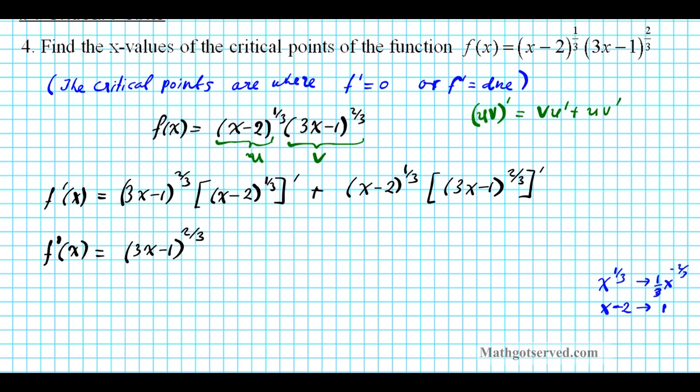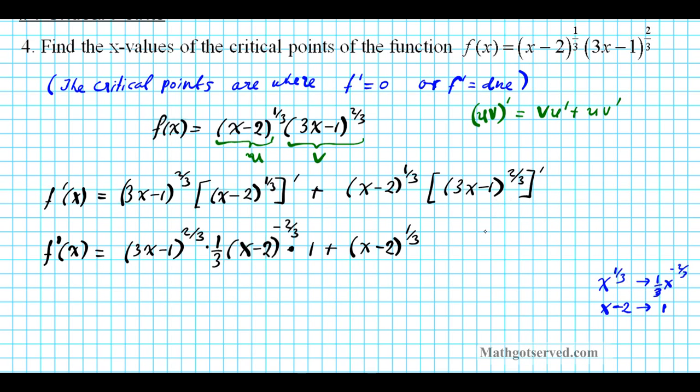So differentiating the outer function, we'll have 1/3 (x minus 2) to the negative 2/3, applying the power rule to x to the 1/3. Now if you differentiate the inner function, term by term, the derivative of x is just 1, the derivative of 2 is 0. Plus (x minus 2) to the 1/3, that's u.